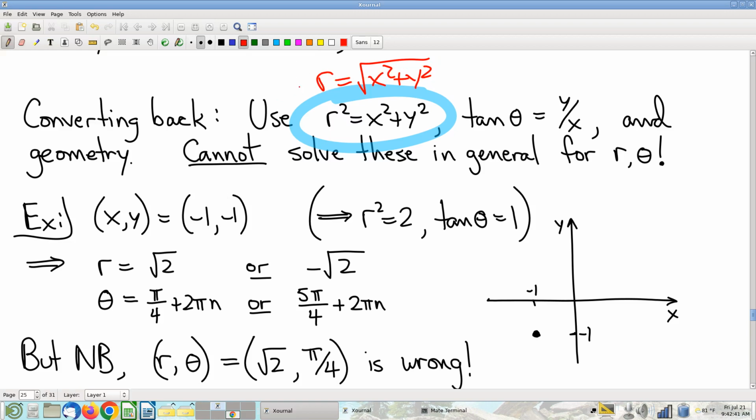And the reason why is that in this equation here, r could be positive or negative. There's nothing about this equation that insists that r be positive. But in this equation here, r, it says so right here, is, and then this symbol right there, which means the positive square root. Right?